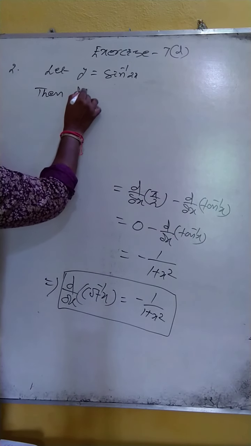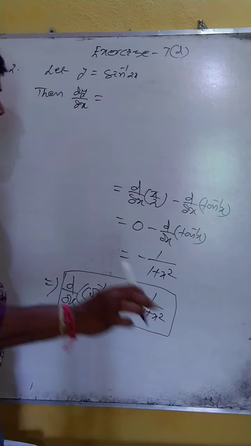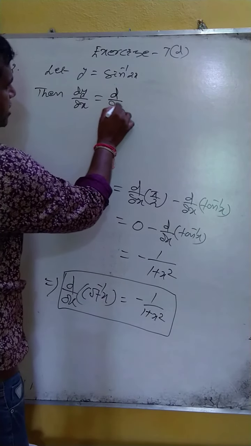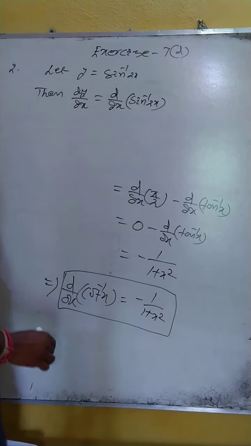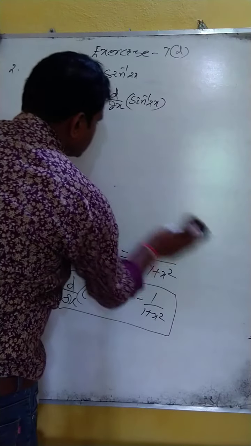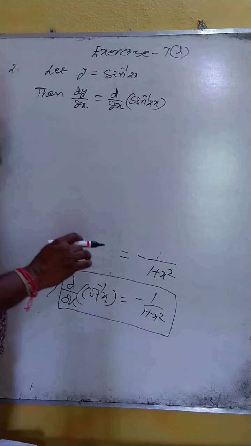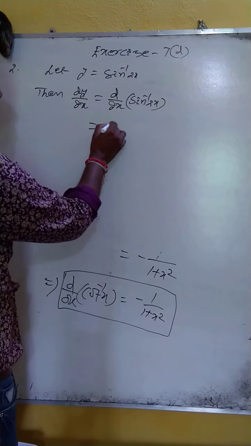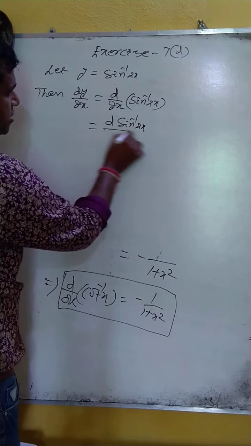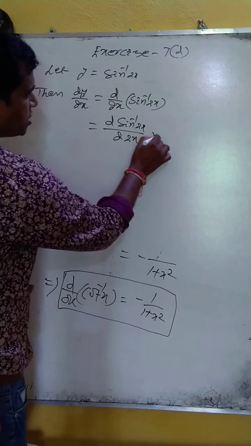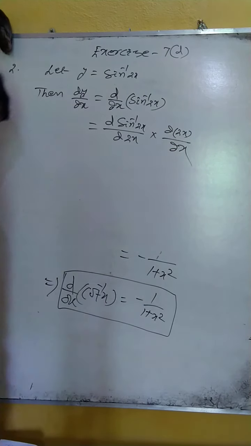Then dy by dx. If we differentiate both sides with respect to x, then we write d by dx of sin inverse 2x. Here sin inverse 2x is a function of 2x, and 2x is a function of x. So we use the chain rule. Then we write d of sin inverse 2x divided by d of 2x into d of 2x divided by dx.